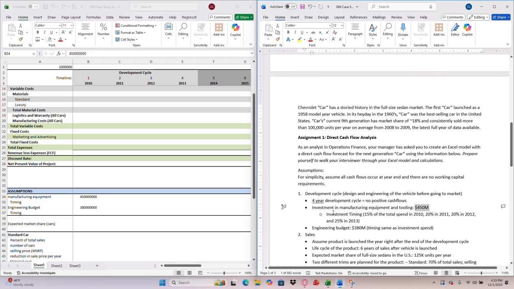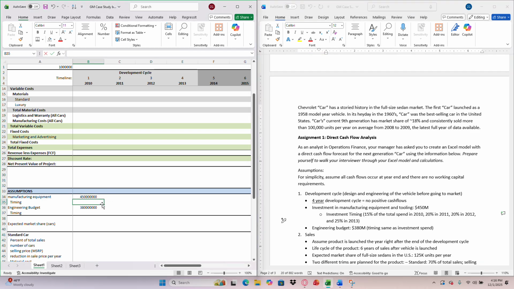So very nice. Now what we need to do is put in our timing, which is basically how much we're going to be spending each year. It looks like it's going to be 15% the first year, 20% the second year, 20% the third year, and 25% the fourth year. Now notice, this is something I ran into last time.